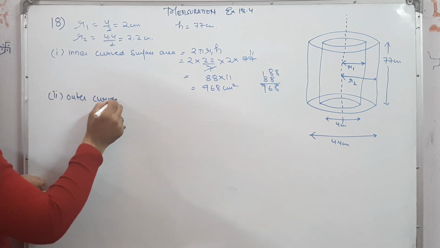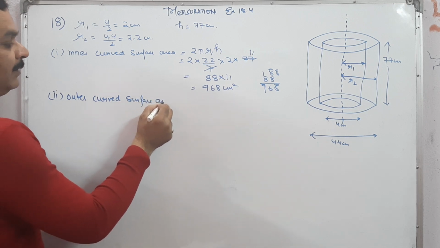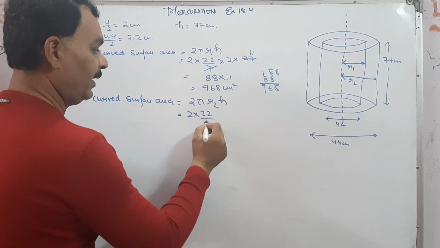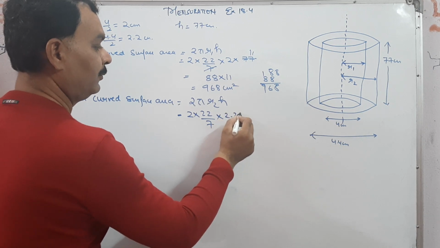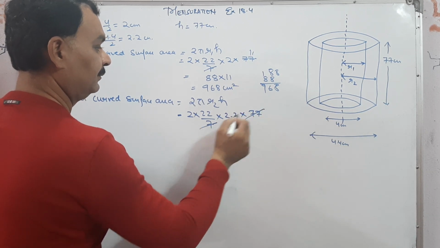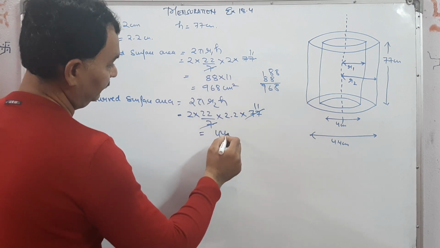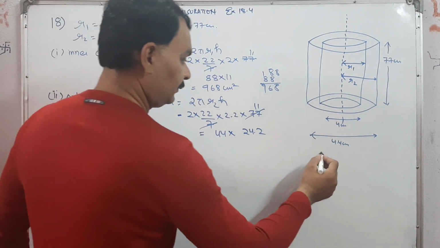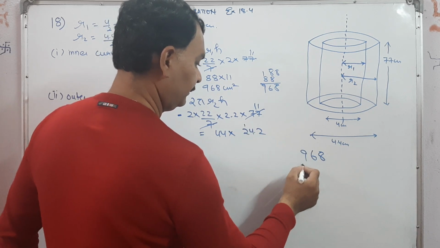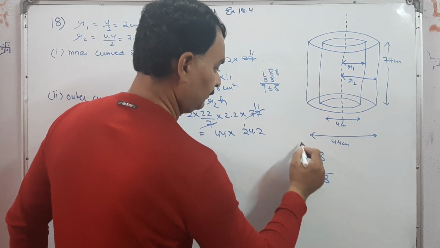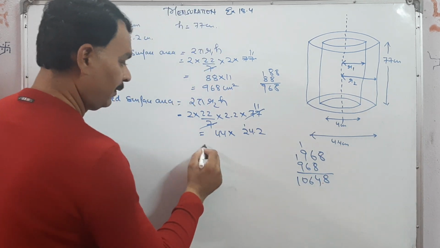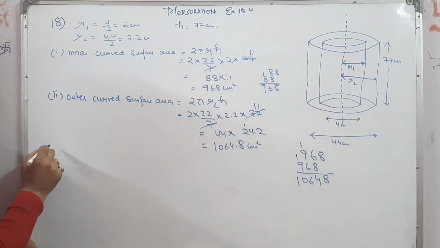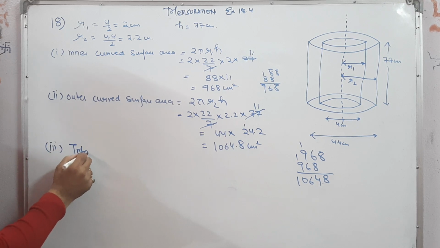Now the outer curved surface area, that is 2 pi R2 h: 2 into 22 by 7, R2 is 2.2, into h, that is 77. That gives 1064.8 centimeter square.